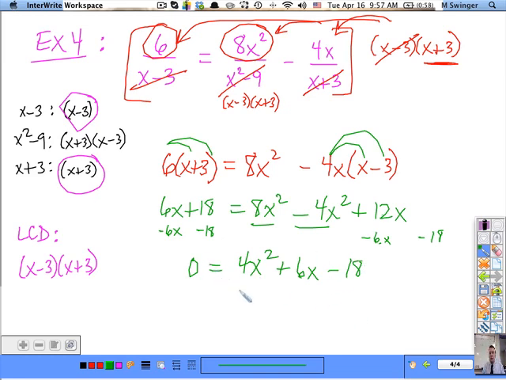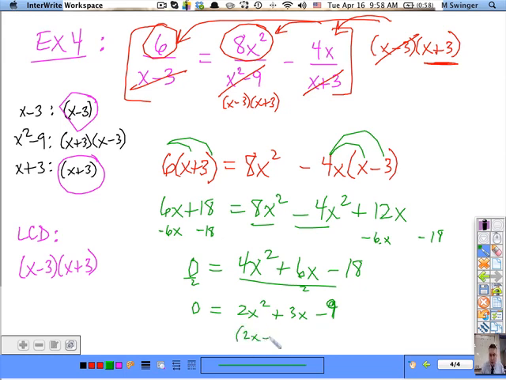You can factor out a 2. You can divide by 2 on both sides, so you get 0 equals 2x squared plus 3x minus 9. And then if that factors, you factor it, which it does: 2x minus 3 and x plus 3.